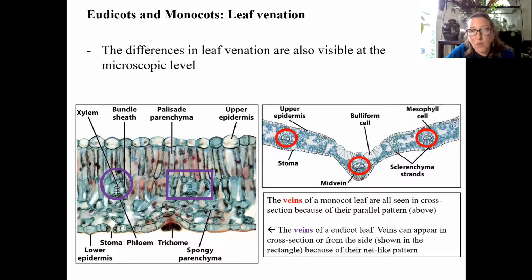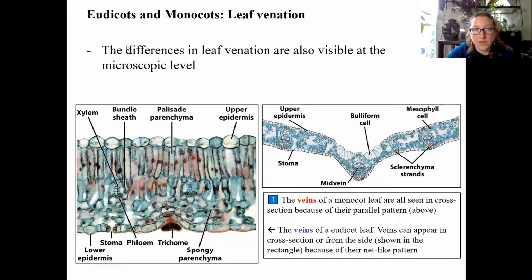One way you could think of it is this way. Here, I'm going to stop share for a second just so I can show you guys. Monocot leaves have parallel veins, right? So like this, you could think of this as a monocot leaf, and you can think of my fingers as the parallel veins. If we're going to do a cross section through this leaf and you're going to look at it this way, the veins are going to be coming at you because they run parallel. So if you do a cross section through here, all the veins are going to be facing you like the tops of straws.